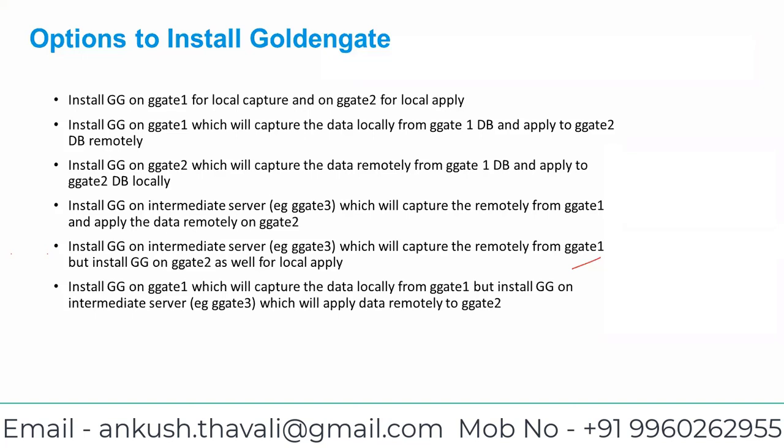Another option is you choose any of those 100 servers, or any other server, a 101st intermediate server for example, and install Oracle Golden Gate on that particular server, and that server will be used to capture the data and apply the data.